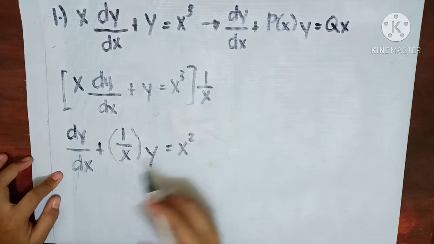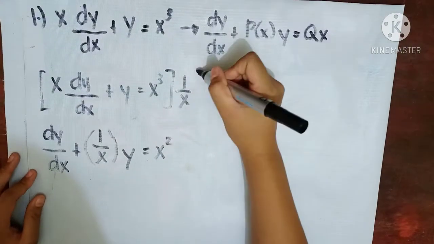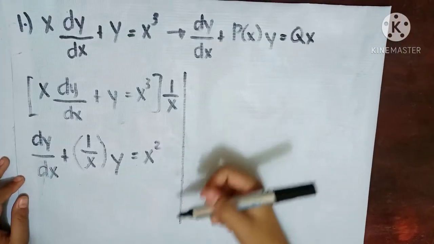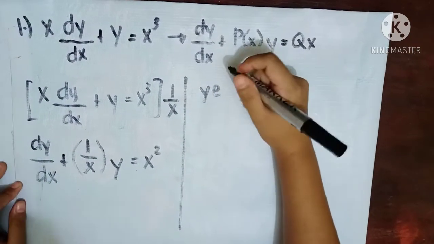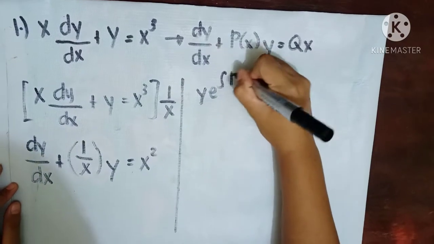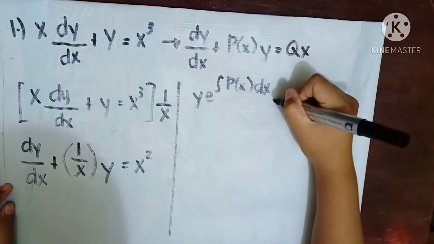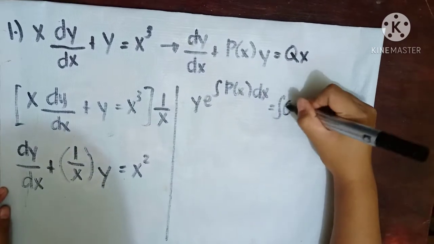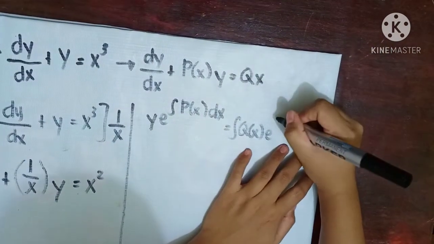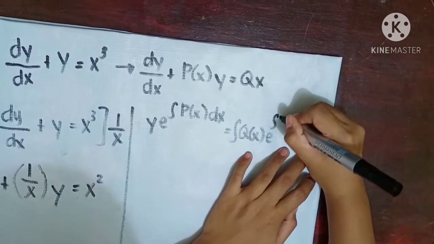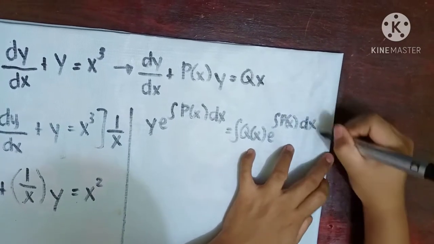We now have the form linear in y, so we will use the formula y times e raised to the power of the integral of p of x dx equals the integral of q of x times e raised to the integral of p of x dx.